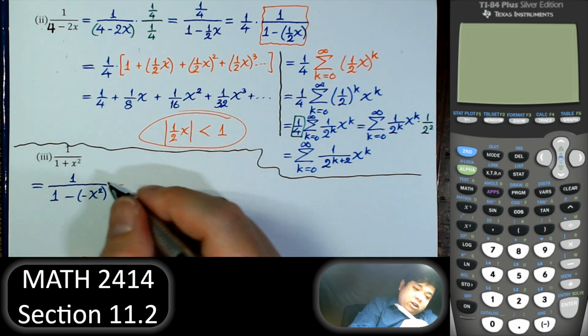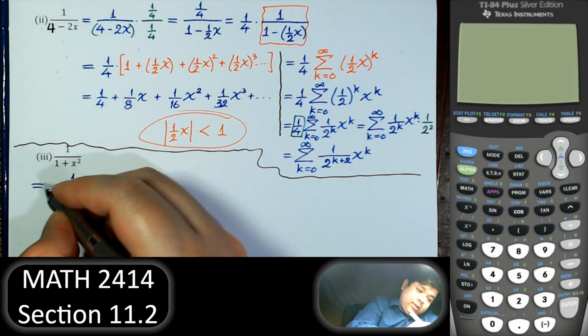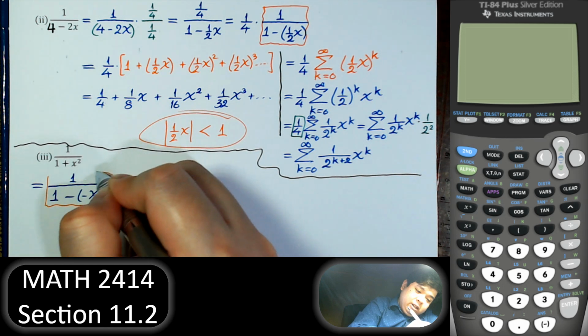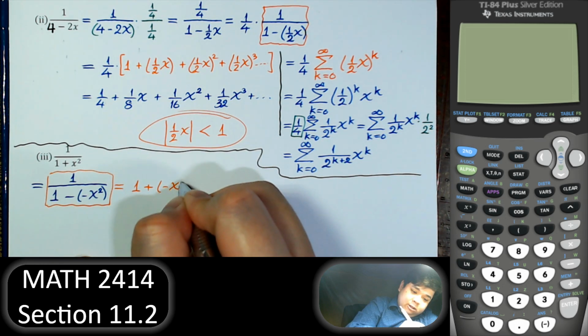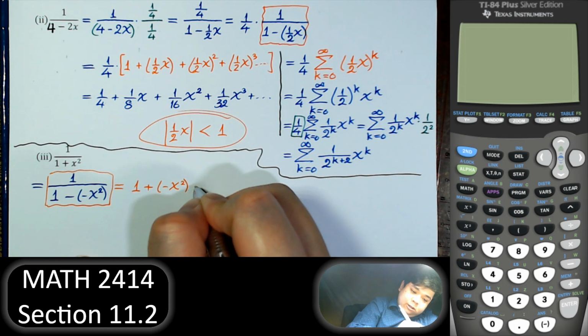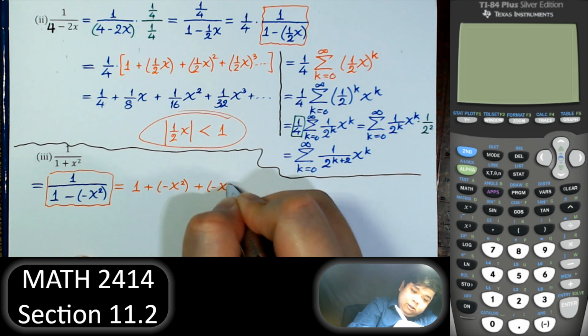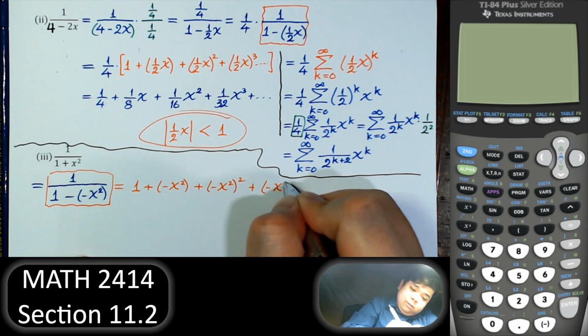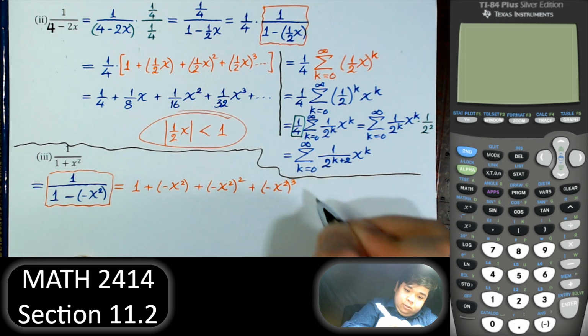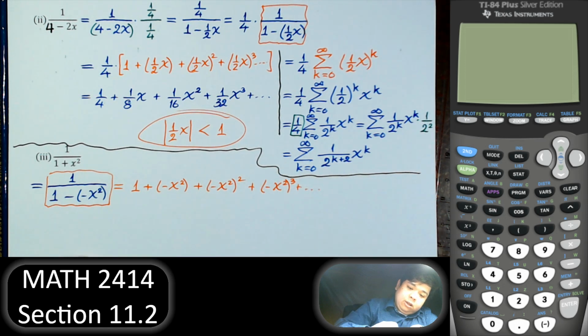There's no coefficient in front, so just 1. The whole thing here, like that.